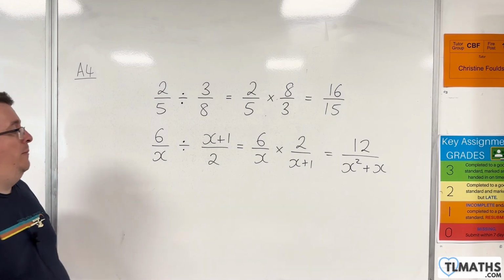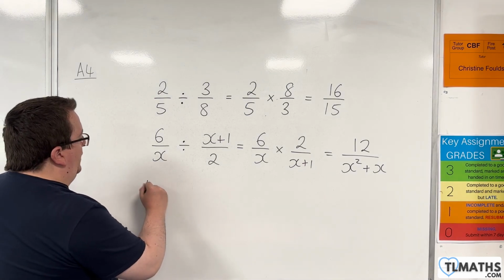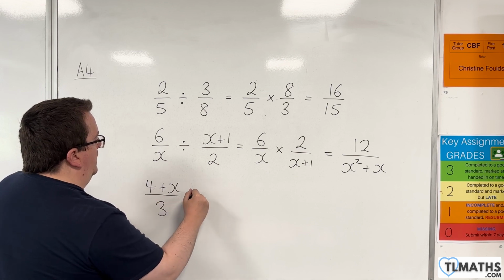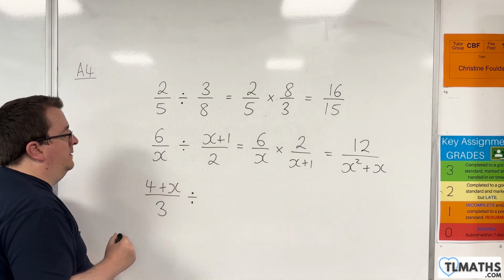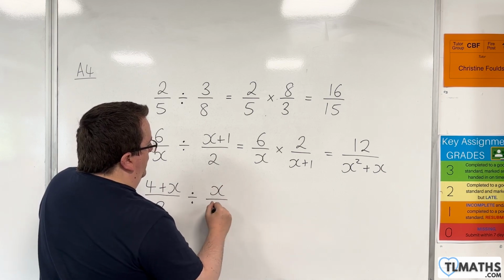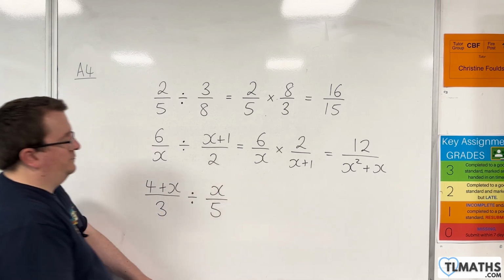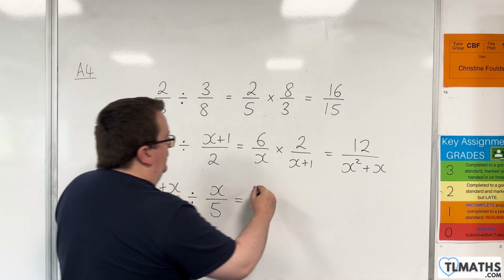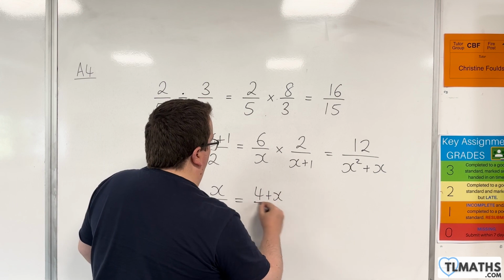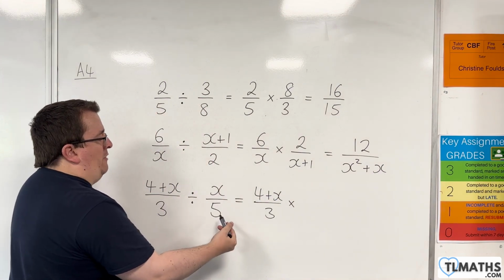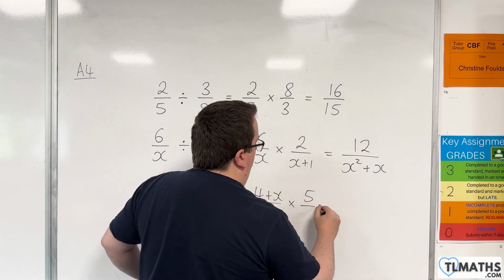Let's look at one more example. So let's say I've got (4 plus x) over 3, and I want to divide that by, let's say, x over 5. So I keep the left-hand fraction as it is, 4 plus x over 3, and now multiply by the reciprocal of the right-hand fraction, so 5 over x.